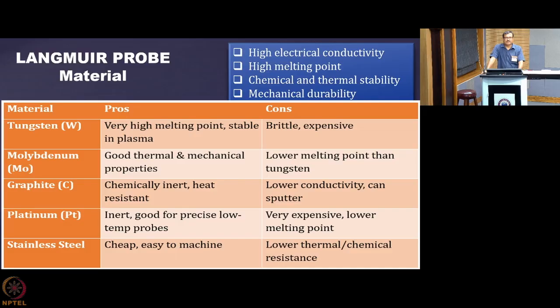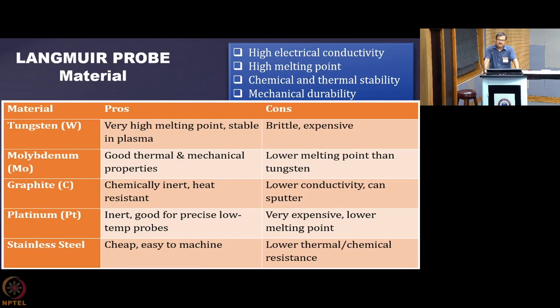Now graphite is also used sometimes. It is chemically inert and heat resistant, but it has lower conductivity and can sputter. Now platinum is very inert and excellent for precise low temperature probes, but it is very expensive, as you know, and also has a lower melting point compared to tungsten.